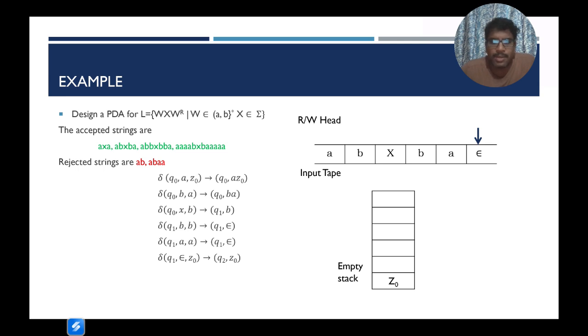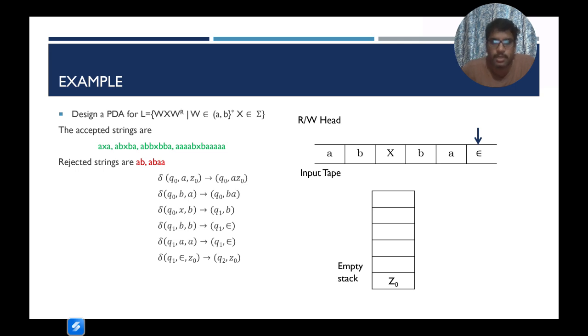So here we have the read write header. It moves from left to right. Here we write the stack in the transition. Normally in finite automata we write delta q naught comma a, and after that we move into some state. Here we also represent the stack symbol.